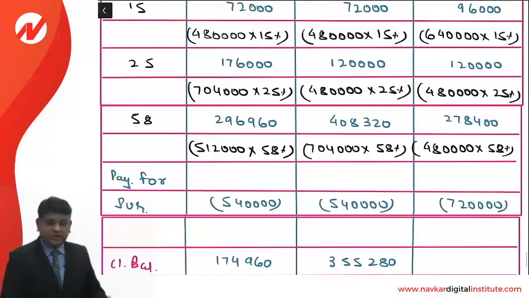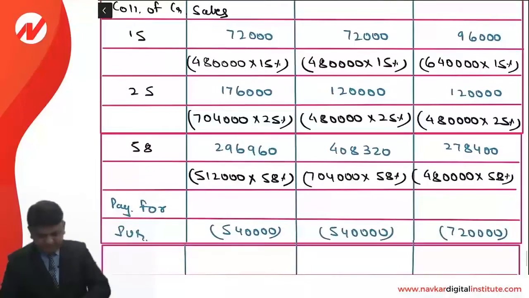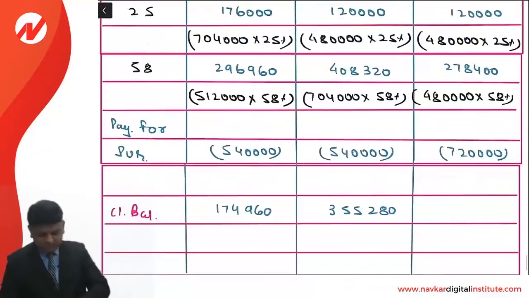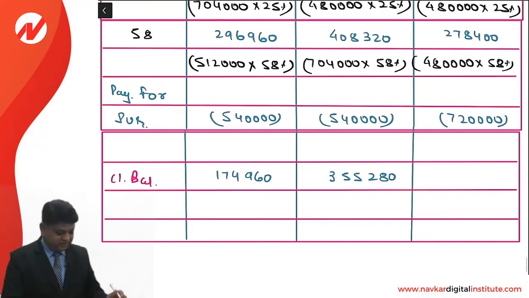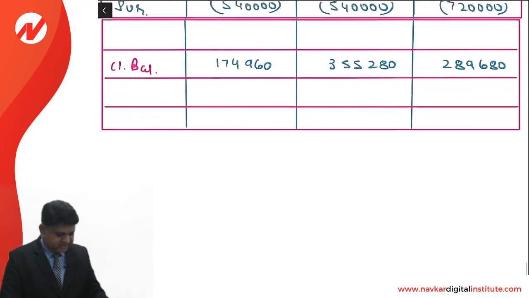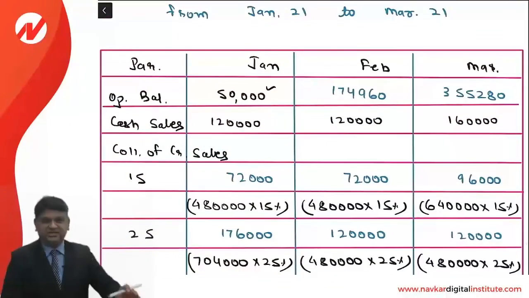Closing of February is opening of March. 3,55,280 plus 1,60,000 plus 96,000 plus 1,20,000 plus 278,400 minus 7,20,000. So 2,89,680. This is the way the closing balance can be calculated from January to March.